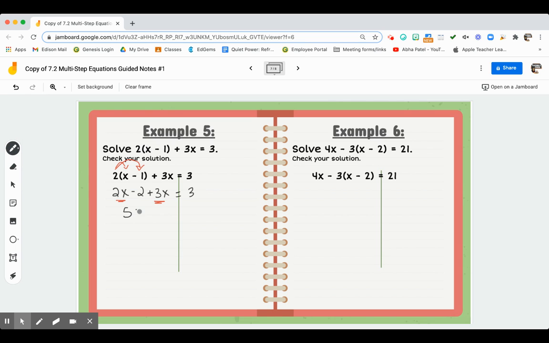So 5x minus 2 is equal to 3. Add the 2. 5x is equal to 5. Divide by 5, and you get x is equal to 1.